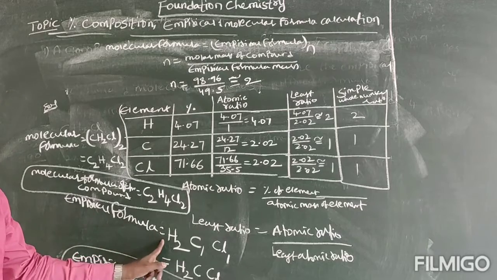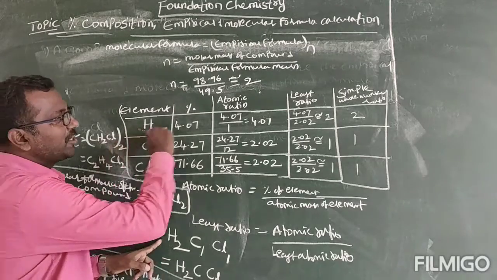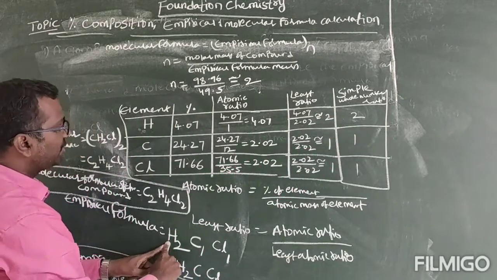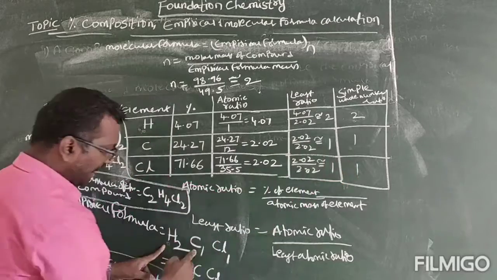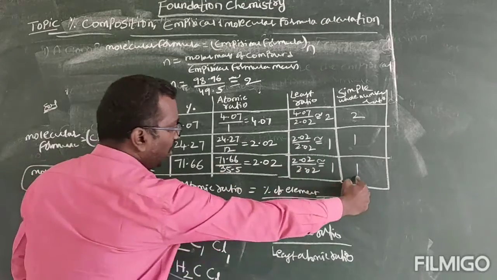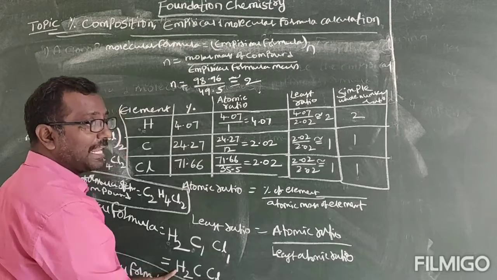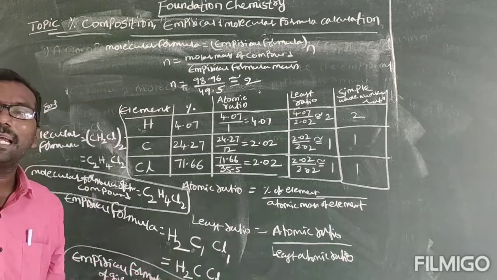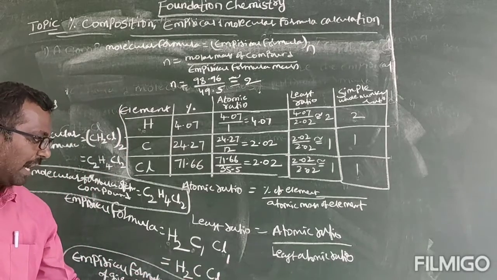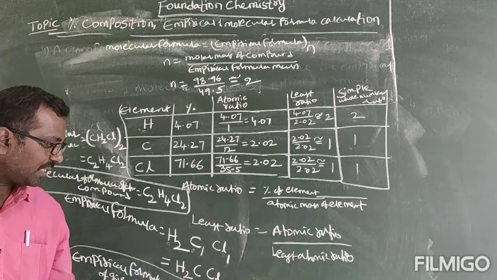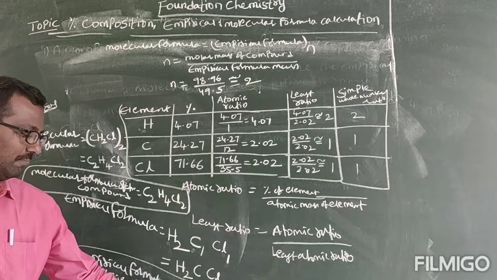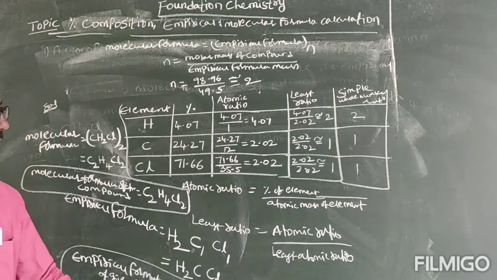How you are writing the empirical formula? First hydrogen how many? 2. So H2. Carbon how many? 1. C1. Chlorine how many? 1. Cl1. So I can write it as H2CCl. I am making it very clear. Carbon, hydrogen, chlorine. CH2Cl. This is the empirical formula.